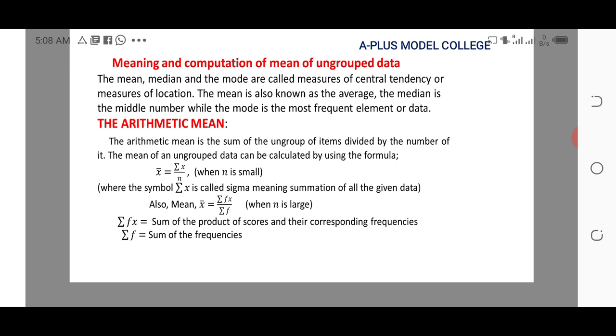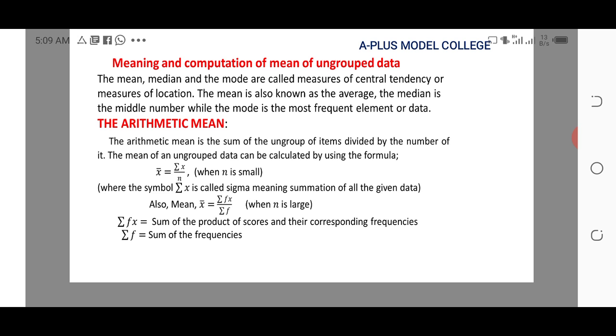I want to let you know something here, that in statistics, there are two classifications of the tool that we use to measure our statistical data. The first one is the measurement of central tendency, while the second one is the measurement of dispersion. The measurement of central tendency is also called measures of location, and examples of such are the mean, mode, and median.